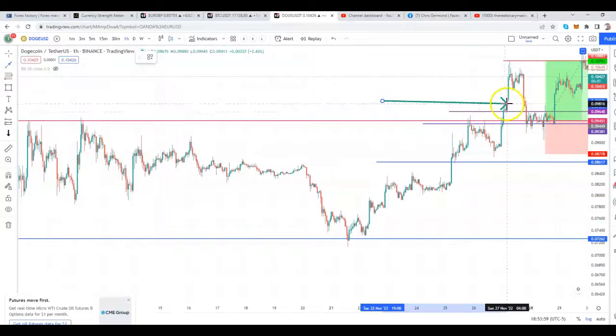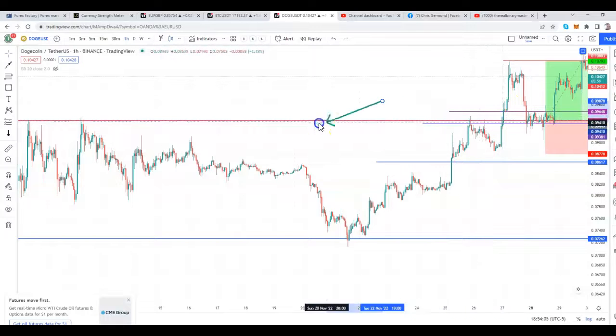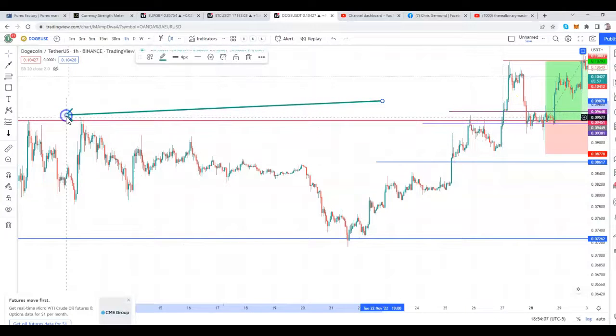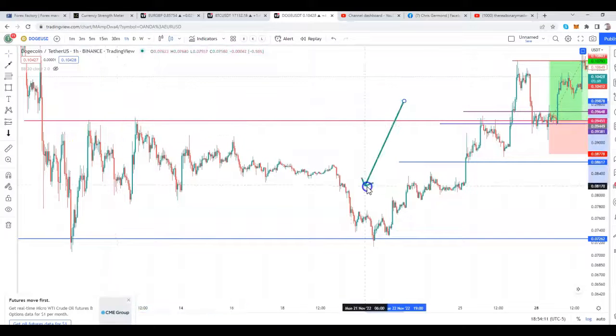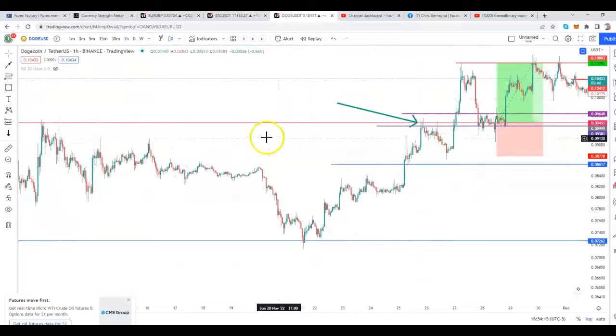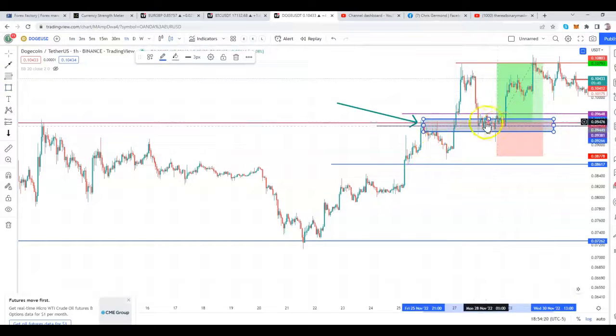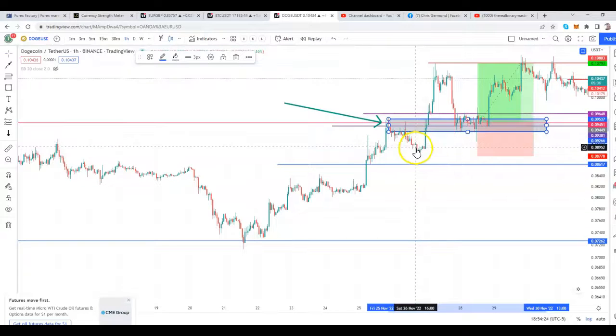This candle here closes above this previous resistance area that we have marked up, and that's been a significant area all throughout this whole time, okay? So now our main focus as traders is going to be to see if price comes back to this area and retests it, for it to respect.